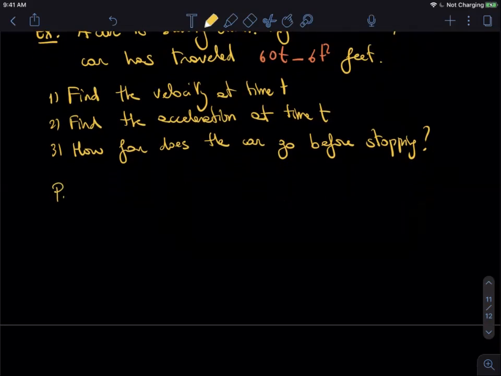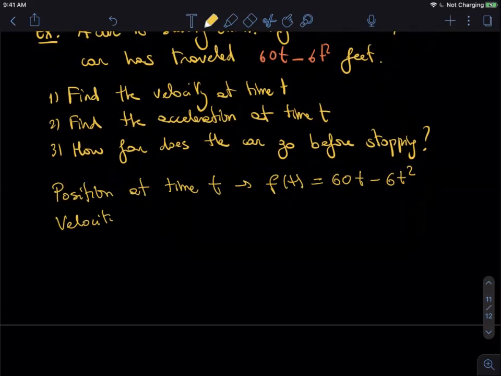So let's take note of that. The position at time t is given by f of t, which is 60t minus 6t squared. Okay, the velocity at time t, that is the rate of change of the position. Rate of change of the position is f prime of t.